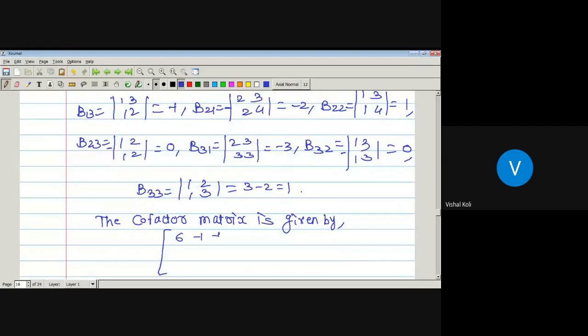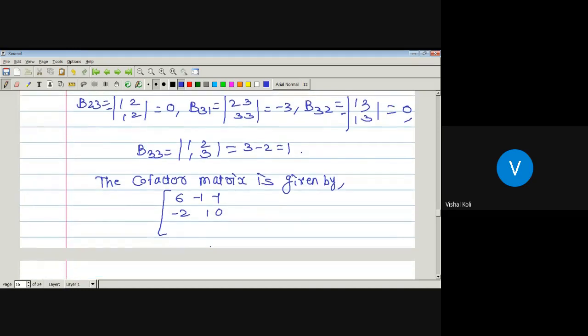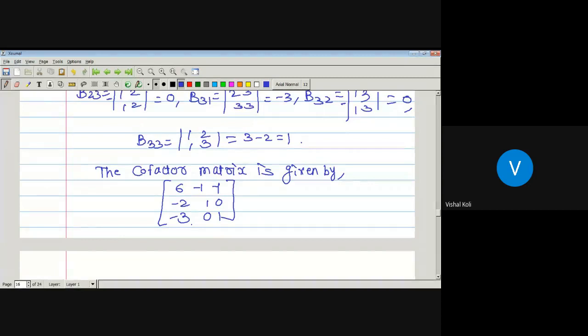Then minus 2, 1, 0, and lastly minus 3, 0, 1. Okay, so this will be the cofactor matrix. Now we have to find its inverse.